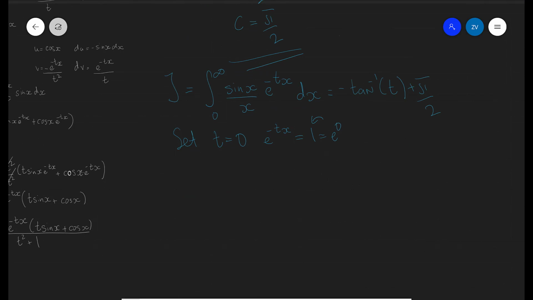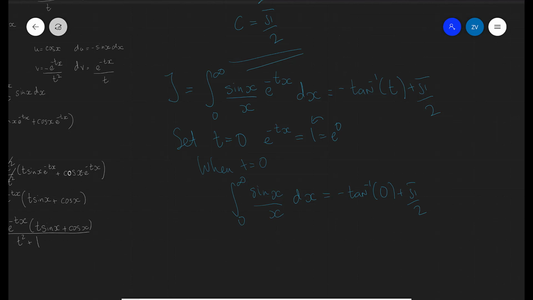Okay, so looking at that, when t is equal to 0, the integral from 0 to infinity of sine of x over x times 1, which is the e to the minus tx part, which I'm not going to write, dx will be equal to minus inverse tan of 0 plus pi over 2.